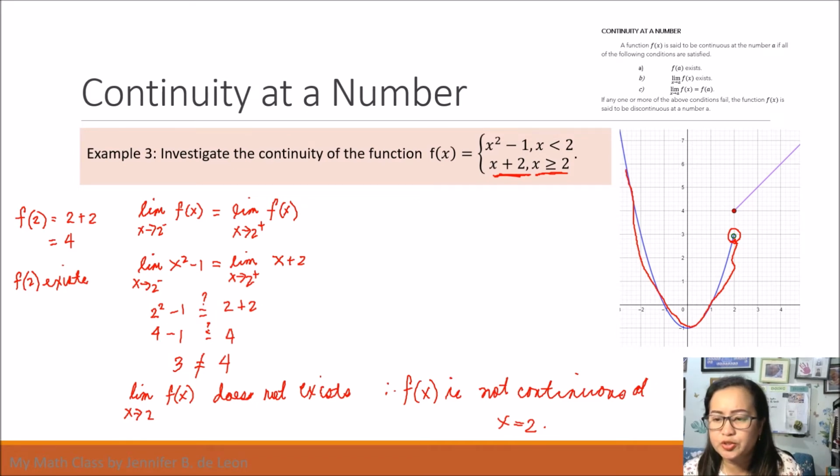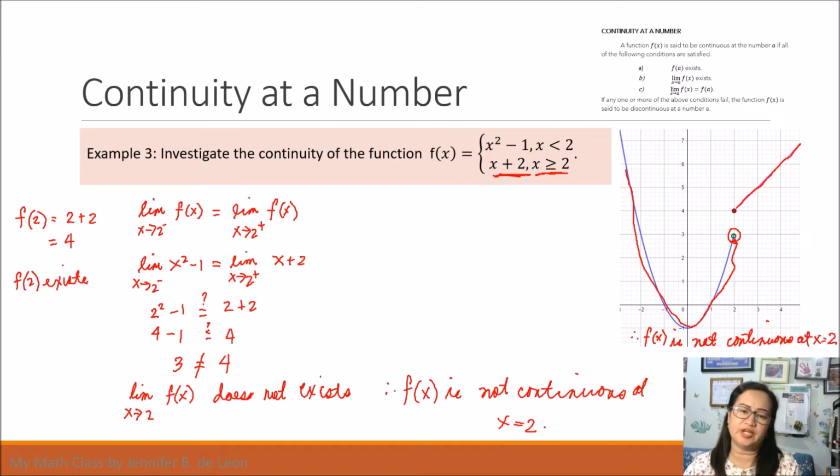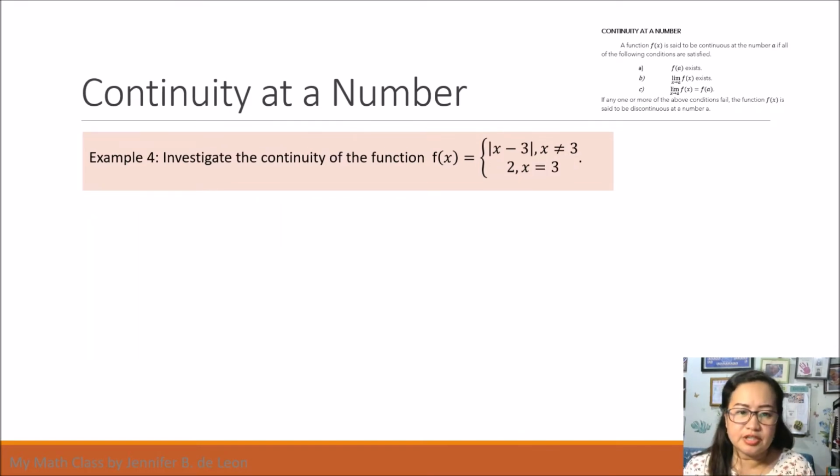Then in order to proceed to the other part of the function, we have to jump in order to trace this line. So from here, we can say that f of x is really not continuous at x equals 2. Okay, so that's it. Now let's have example number 4.